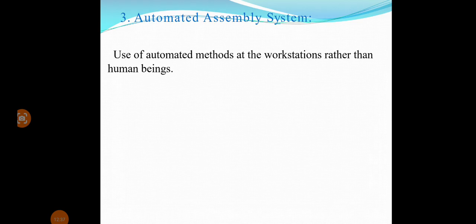That concept we have to use in this automated assembly system. There is no need for manpower. This is completely dependent on machinery, and that machinery belongs to automation, which works with different software.